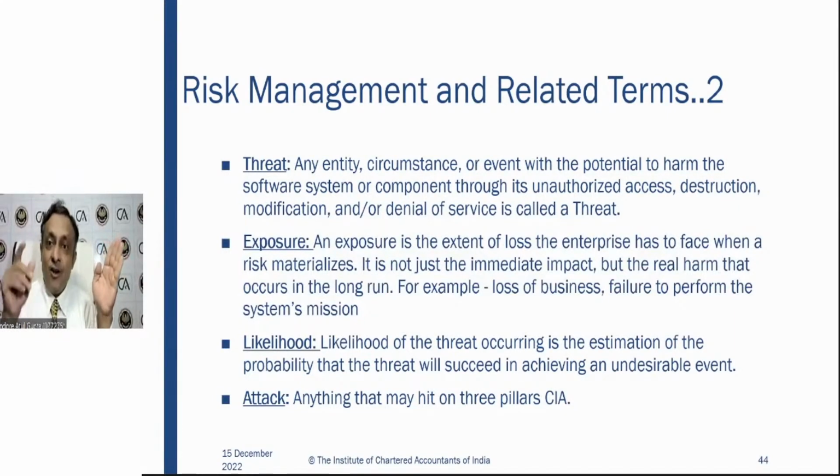The agent which is going to exploit vulnerability is threat. Just remember it this way. In the example I gave, I am in a studio, two laptops, left side, the door opens in the commercial complex or the apartment. The door is open, that is vulnerability.